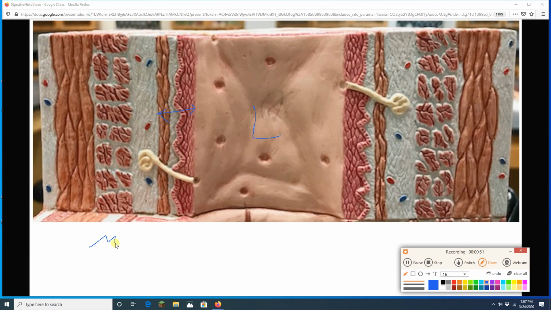Number one is the mucosa. So always right next to the lumen, we're going to have the mucosa. Number two, right here, switching colors to purple, is appropriately called the submucosa.